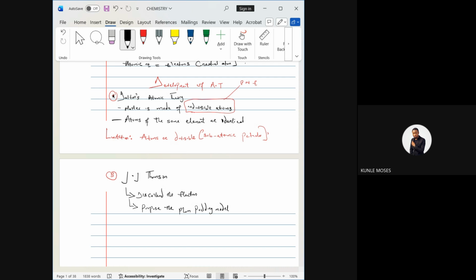So just know these two: he discovered the electron and he proposed the plum pudding model. The third one, Rutherford.